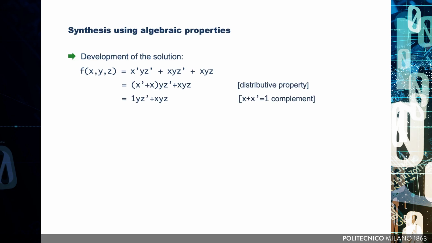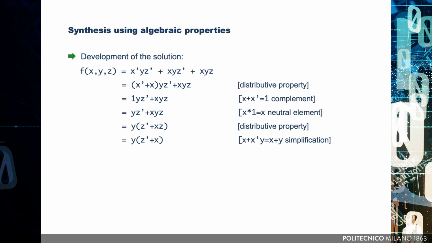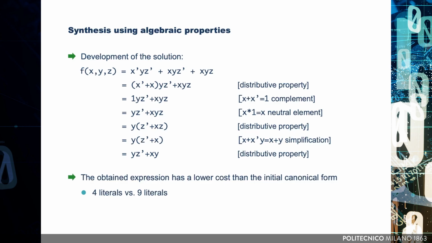Then, we remind that x or not x is equal to 1. We consider that 1 is the neutral element for the logical product. Again, we apply the distributive property, the simplification property, and finally, the distributive property again. We then stop, obtaining a minimal sum of products expression, whose cost is 4 literals.